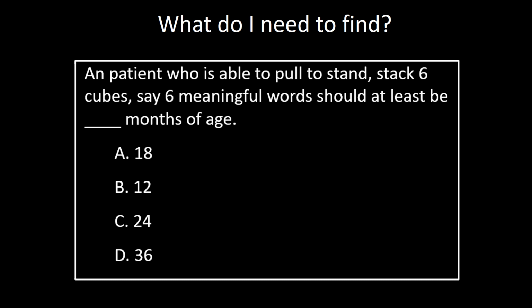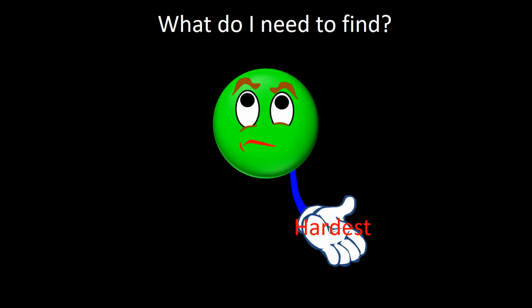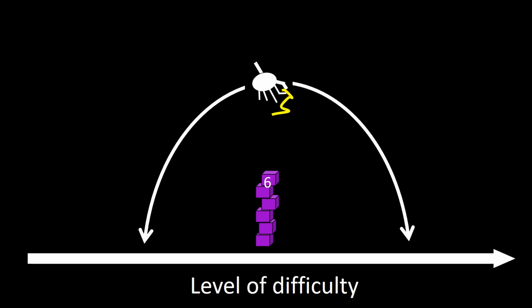And the answer is always the same. Find the hardest to perform milestone. So we draw a line arrow indicating progressive degree of difficulty to compare the first milestone in the fine motor column, that is stacking 6, with using pincer grasp.